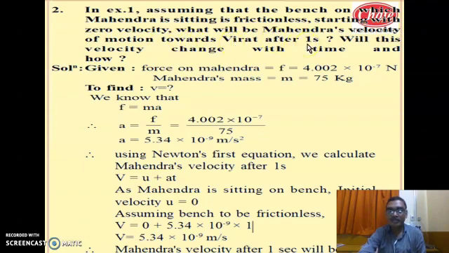We have studied by Newton's universal law of gravitation that there is a force of attraction between Mahendra and Virat. Now the question arises, what will be the velocity after 1 second once they start attracting each other? Will this velocity change with time and how? In this question we have to calculate the velocity.